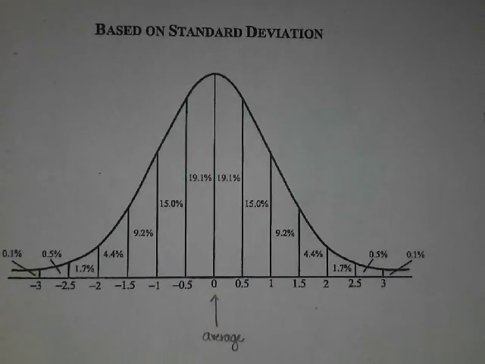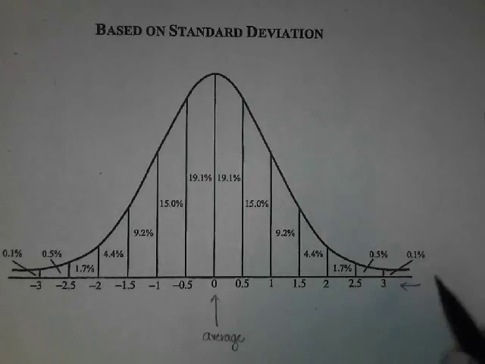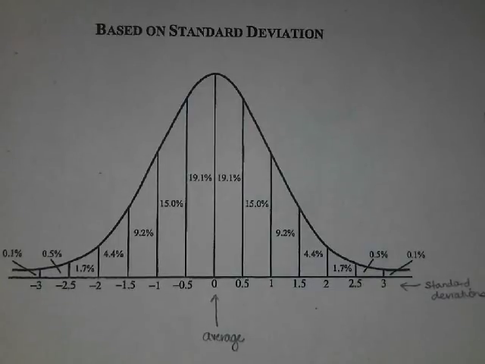So right, average there. And then this actually separates it into half standard deviations. All these numbers on the bottom are your standard deviation numbers, and it splits it up into half intervals.